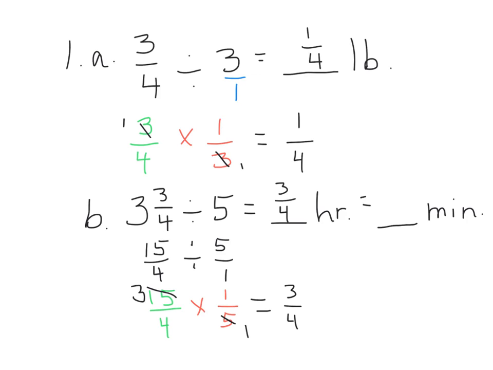Next screen. Let's look at 2A. And we have 4/5 divided by 11. All right, the first thing I want to do is put 11 over 1 so that I have a fraction divided by a fraction.